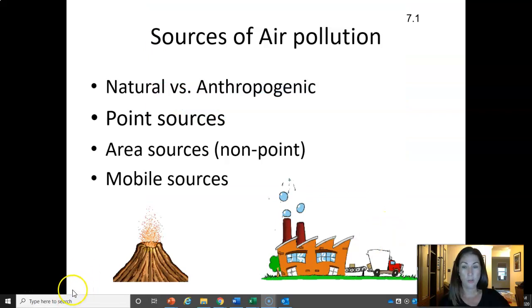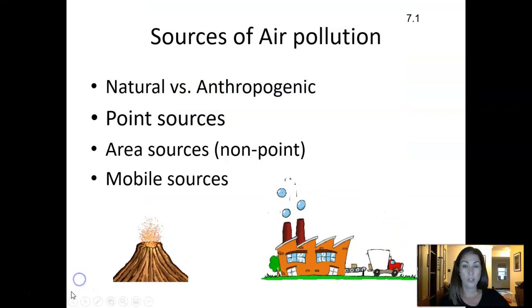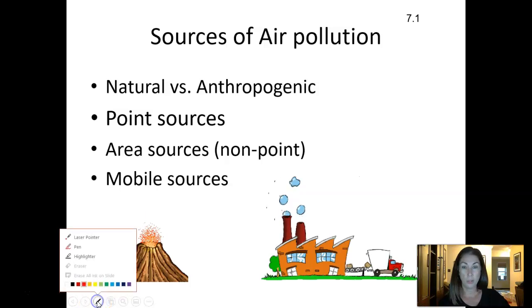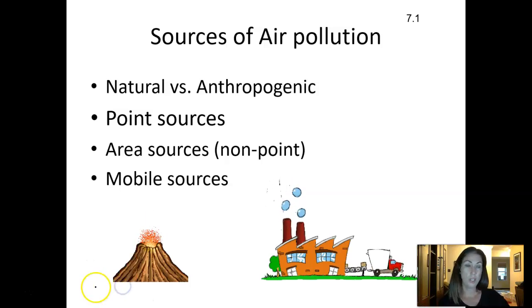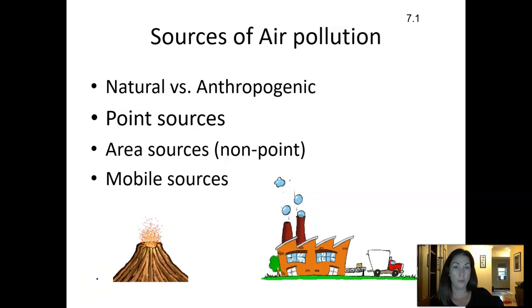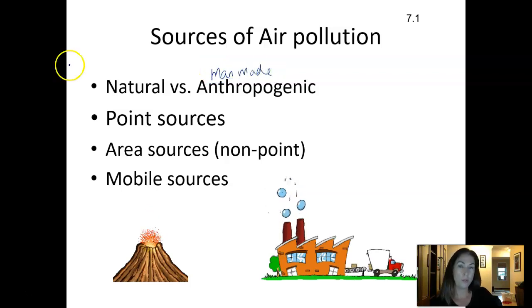Now just to start off with, I do want to go over our different types of air pollution. One thing to note is that you have both natural and anthropogenic. Here's a good time to remind you that anthropogenic means man-made sources. So we have both. Some examples of natural sources of pollution would be sulfur from volcanoes.